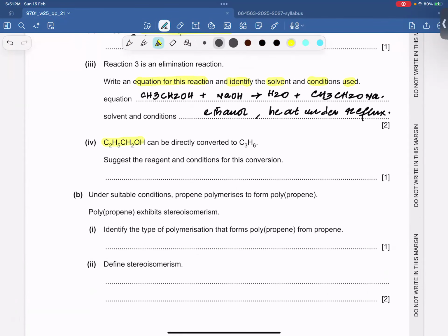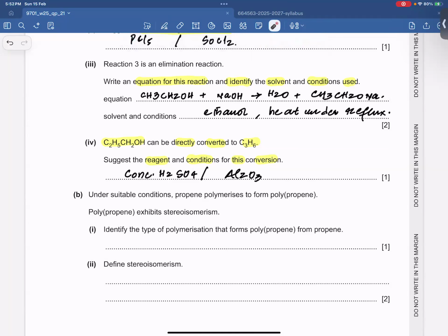Then this alcohol can be directly converted to propene. So this is propanol. It is converting into propene. So propanol will turn to propene directly by using either aluminum oxide or concentrated sulfuric acid. So concentrated sulfuric acid I'm going to write, or you can even write aluminum oxide because aluminum oxide is a dehydrating agent.